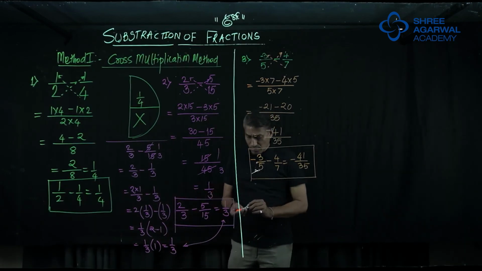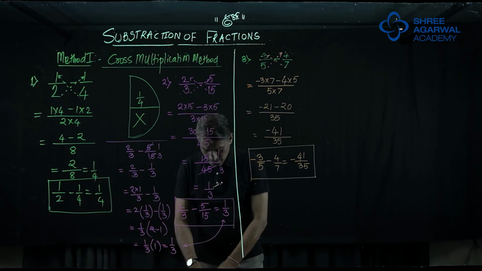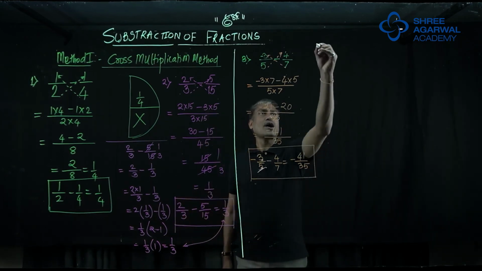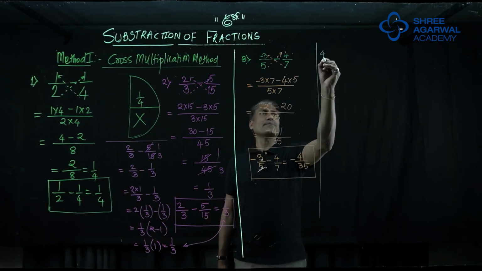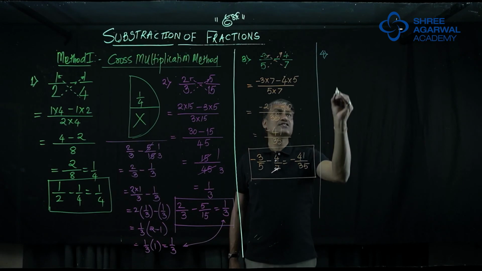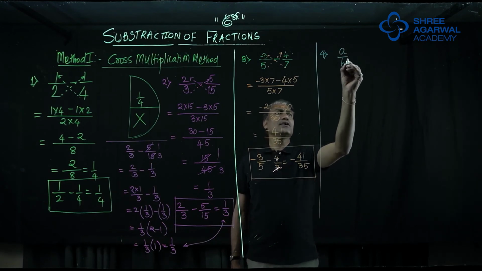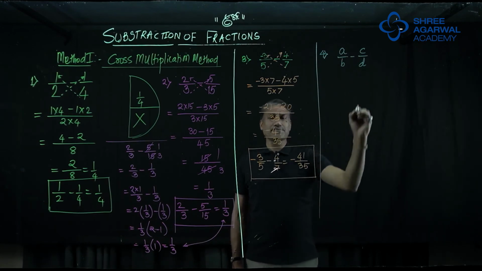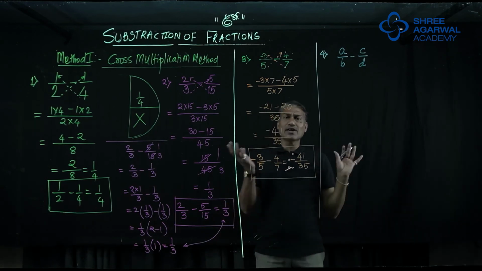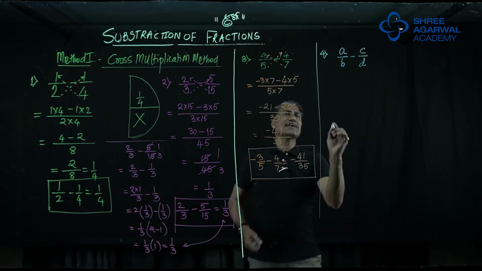And now to summarize this method, I would give you in the form of a formula. How is that, sir? Fourth one. Suppose the fractions are like this. The fractions are a upon b minus c upon d. We don't know what are the values of a, b, c, d, but whatever are the values of a, b, c, d, we can simplify it.